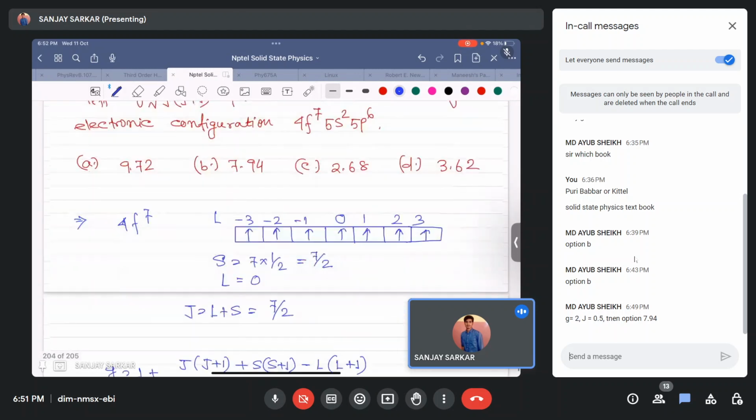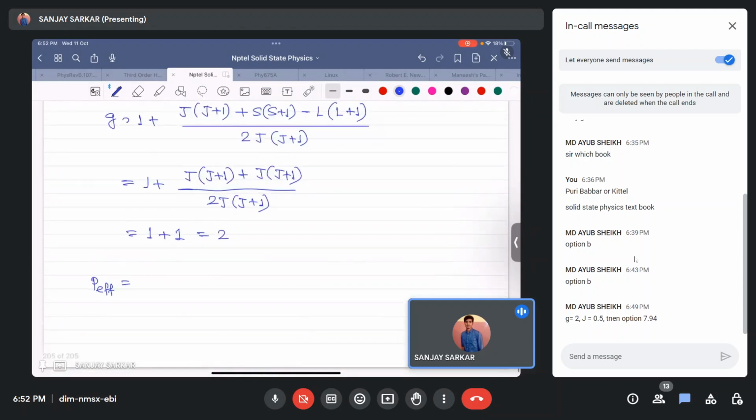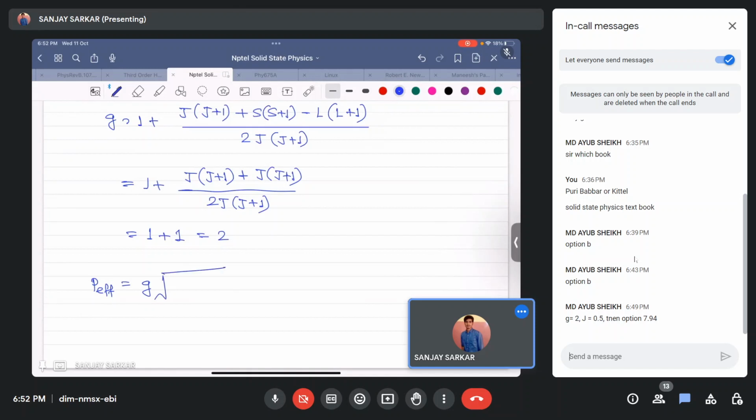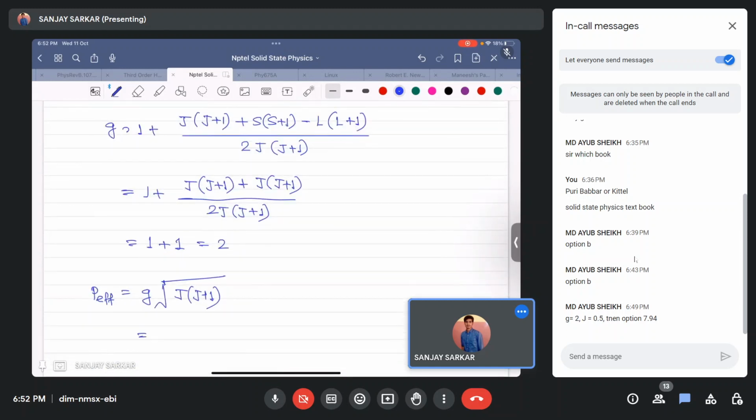So using that you can calculate P effective. P effective is equal to G into square root of J into J plus 1. So that is 2 into root over of 7 by 2 into 7 by 2 plus 1, which will be 2 into root over of 63 divided by 4. The 2 cancels out.